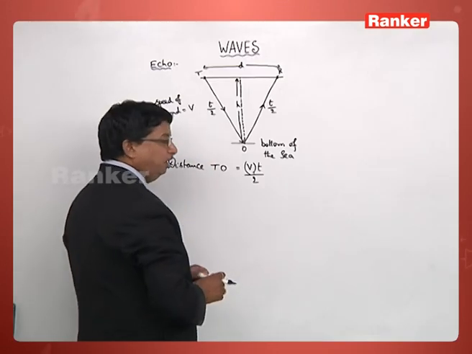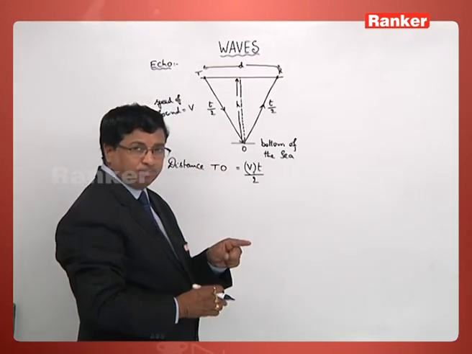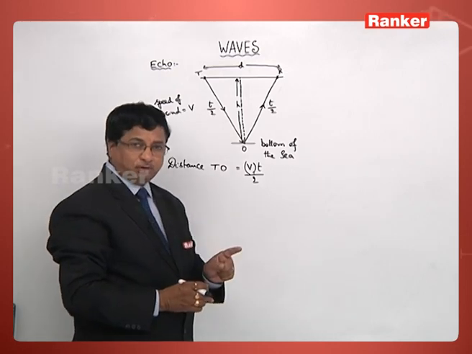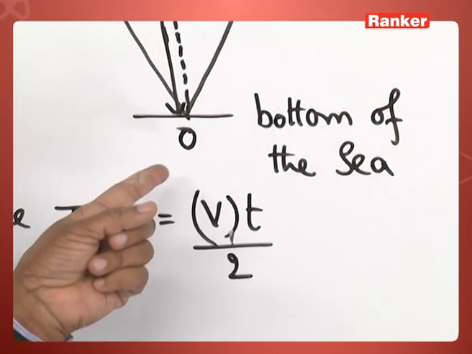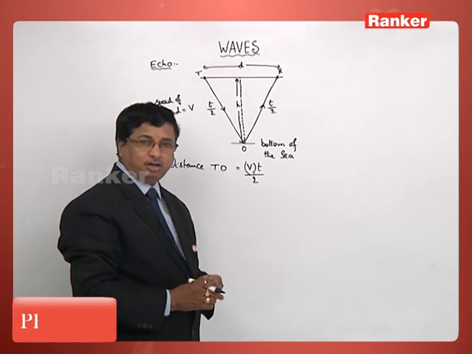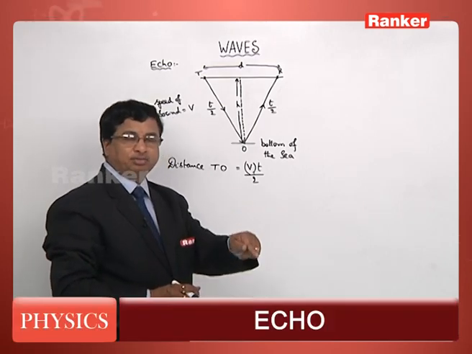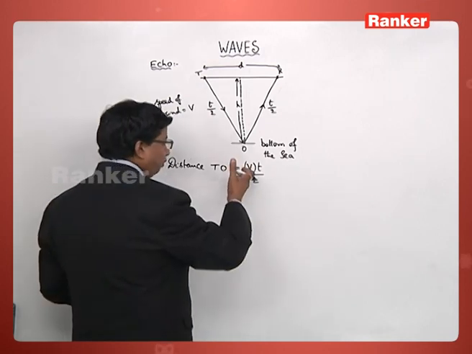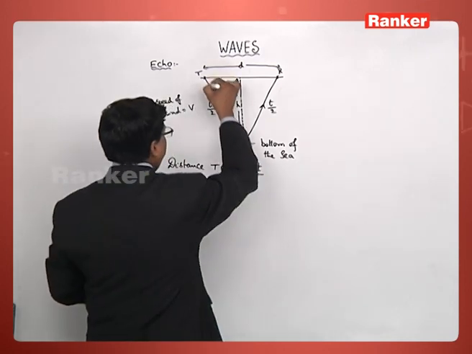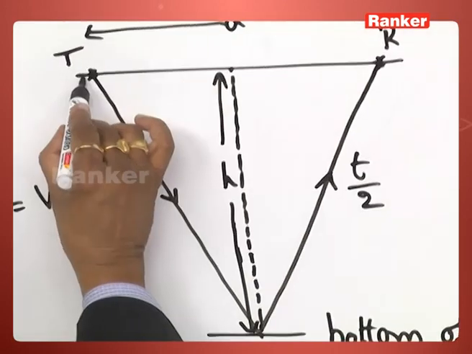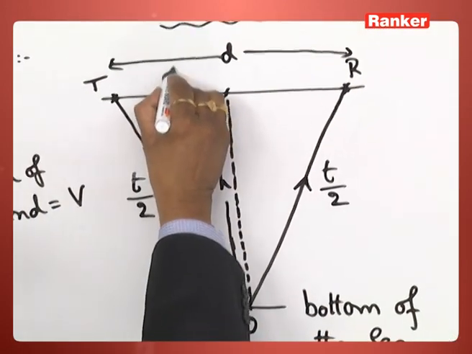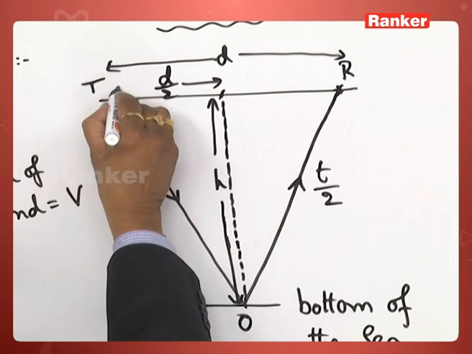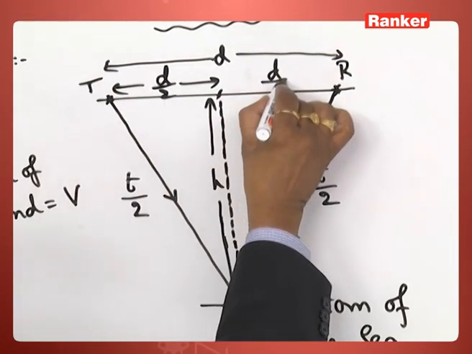What is the t? T is the total time taken by sound to leave the transmitter and reach the receiver after striking the bottom of the sea. That is the concept. So when you take this one as Vt by 2, this distance is known, and this distance is definitely d by 2. This will again be d by 2.